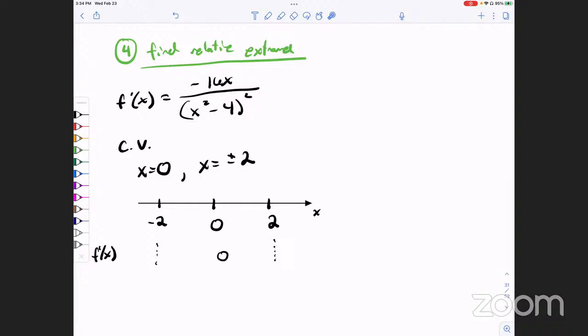Plug in -3. If we plug in -3, it's going to be 9, and 9 minus 4 is positive, so the denominator is going to be positive. If we plug -3 into the numerator, that's going to make the numerator positive as well. So all the numbers to the left of -2 result in positive, so our original function should be increasing.